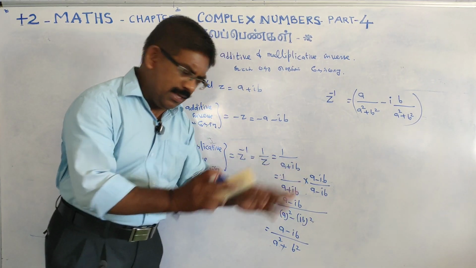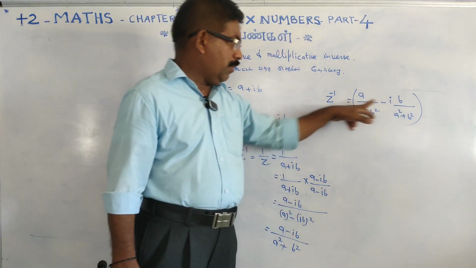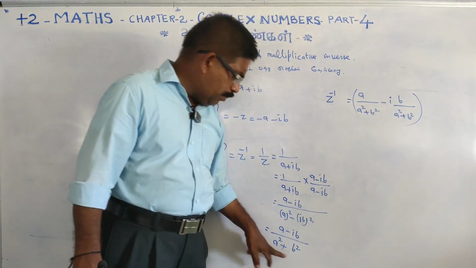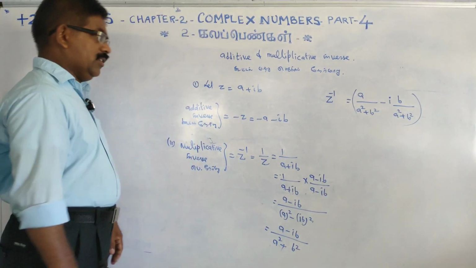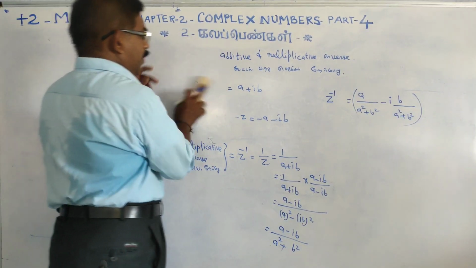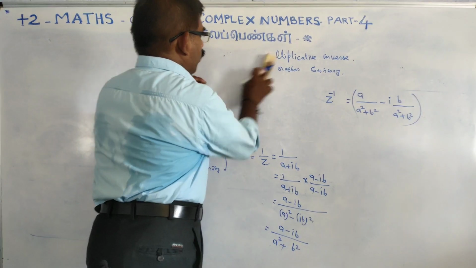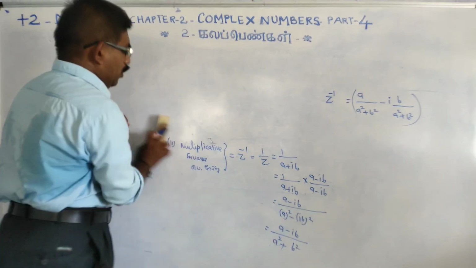Separate real and imaginary: a by a square plus b square minus i into b by a square plus b square. This is multiplicative inverse, பெருக்கல் நேர்மாறு.